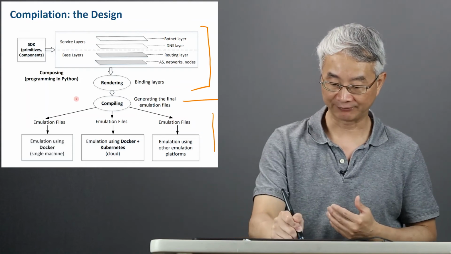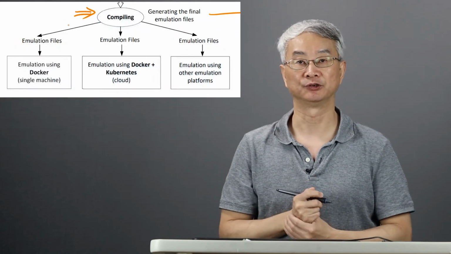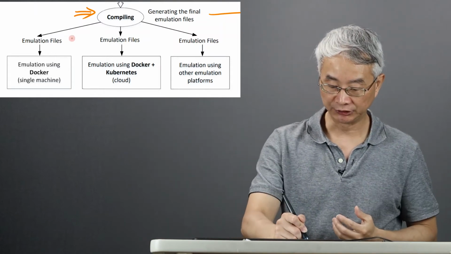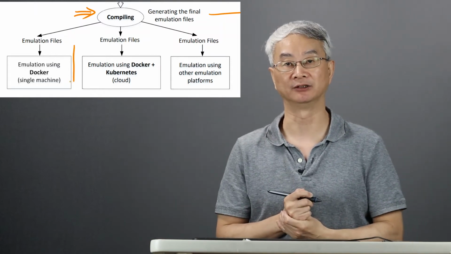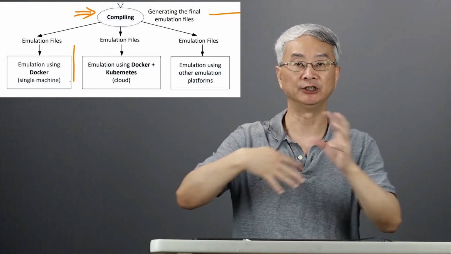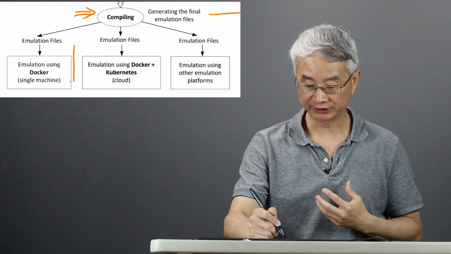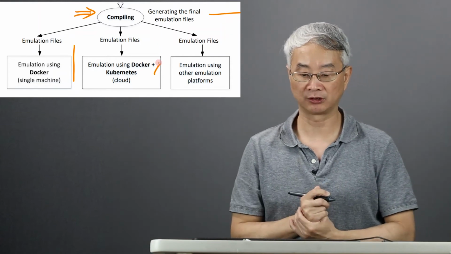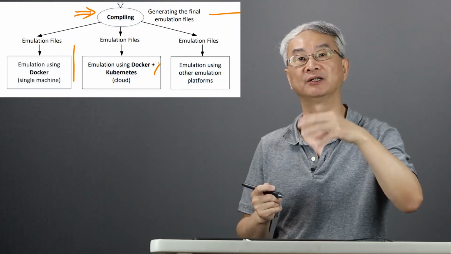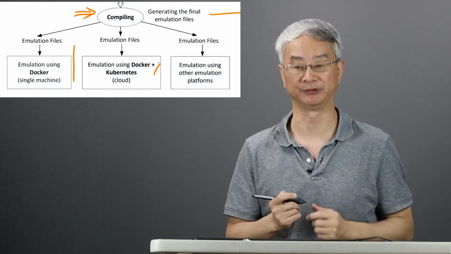So that's where we have this compiler concept. So once you rendered, you want to compile for Docker, that's okay. You just write a Docker compiler, and so you can convert your composition into Docker file. If you say, I want to use the Docker plus the Kubernetes for cloud, you just write a corresponding compiler for that purpose.